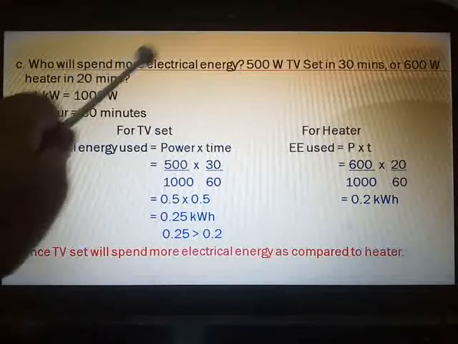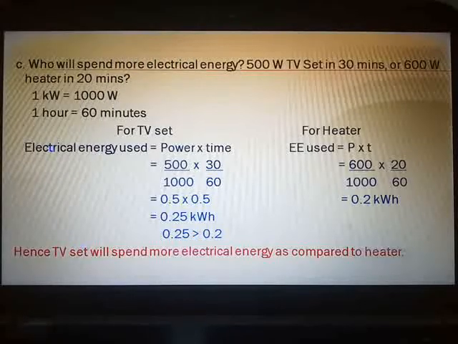Who will spend more electrical energy? So after you are working out, what they require is you have to give the correct answer. Who has consumed more electrical energy, and that answer is very important. So towards the end you have to write which electrical device has consumed more energy.